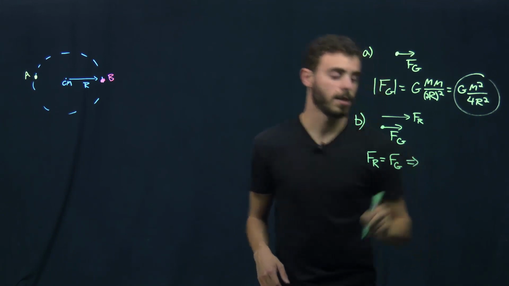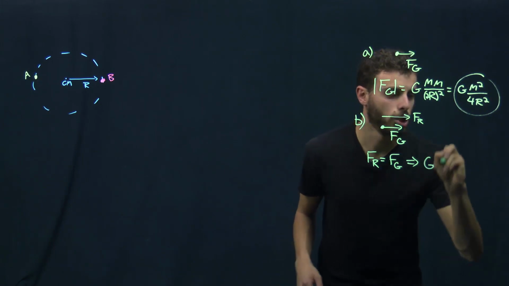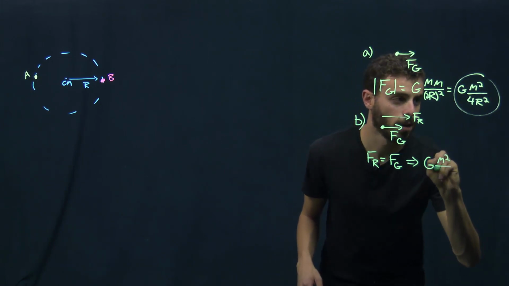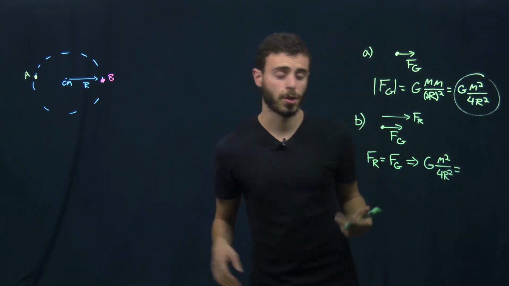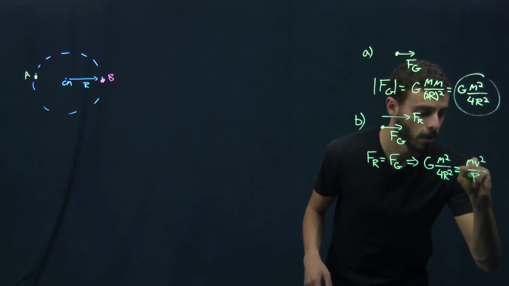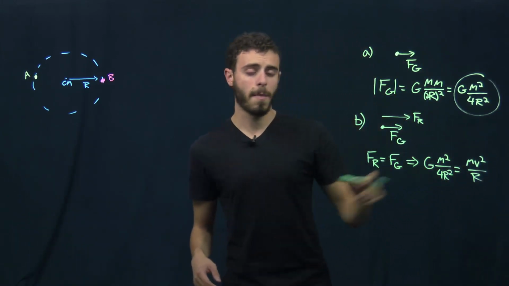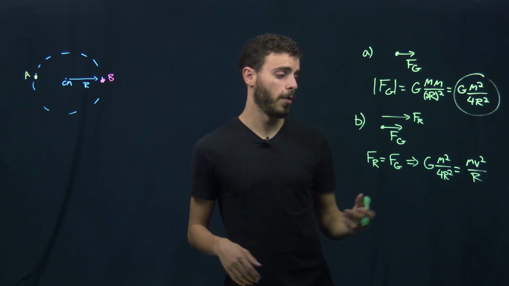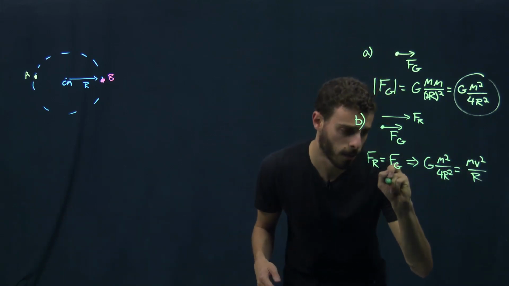So that gives us that what we have as our gravitational force, G times m squared all over 4r squared, must also give us our circular motion condition, which is mv squared all over r. We know our masses and our radius, or we're told that we know them, and therefore we can solve for this velocity in terms of the mass and the radius.